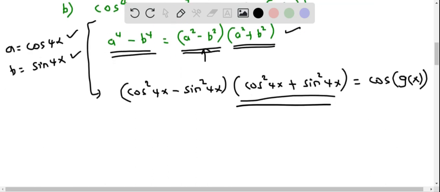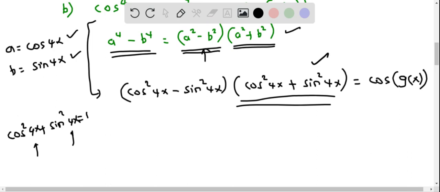That is, we know that cosine squared x plus sine squared x equals 1. This is one of the Pythagorean identities. And here if we replace x by 4x, we get cosine squared of 4x plus sine squared of 4x equals 1.